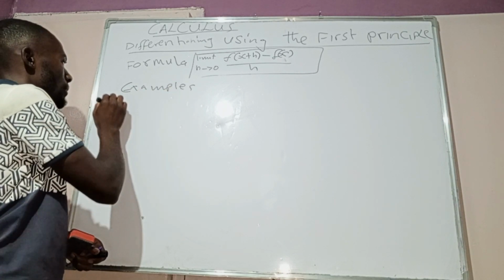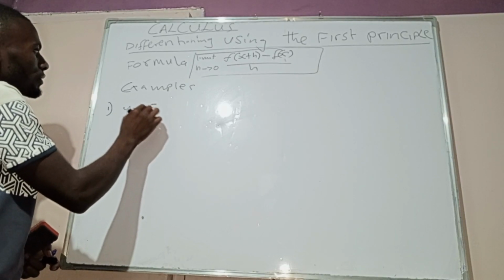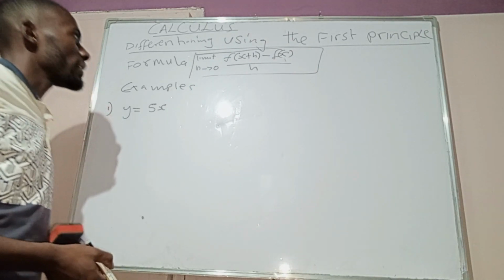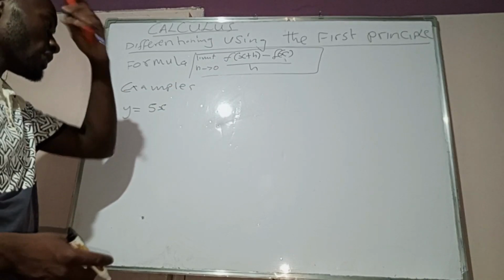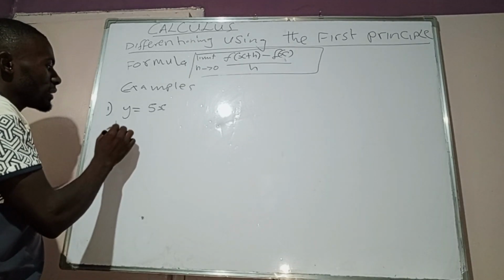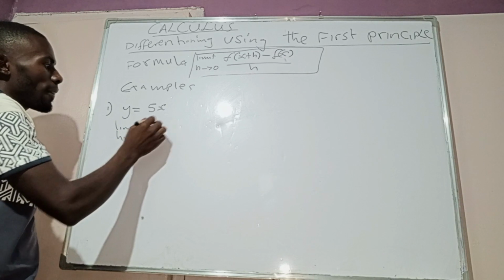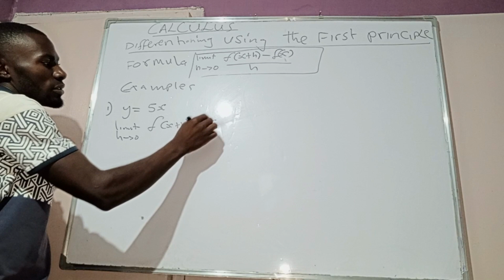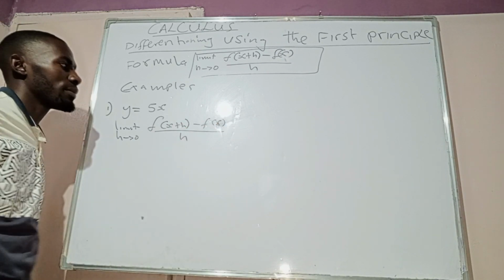Example number 1. We have y is equal to 5x. So what is the first thing that we are going to do? When you start differentiating using the first principle, the first thing you need to do is bring down your formula, which is the limit as h approaches 0 of f of x plus h minus f of x, over h.